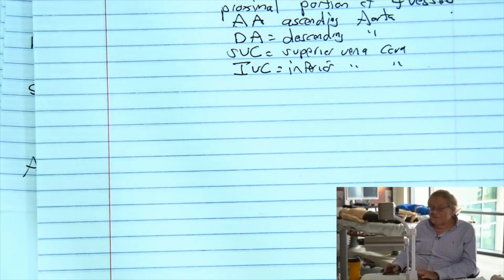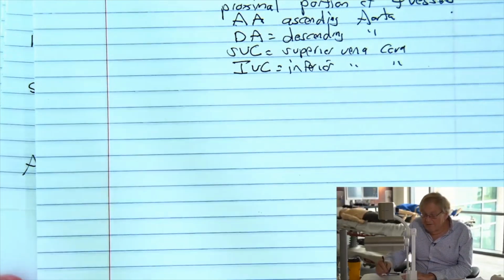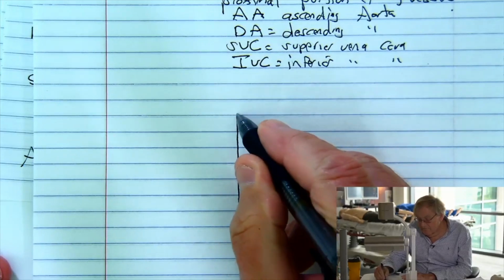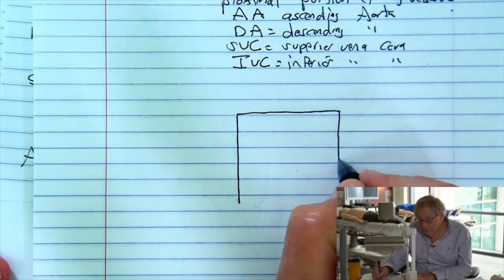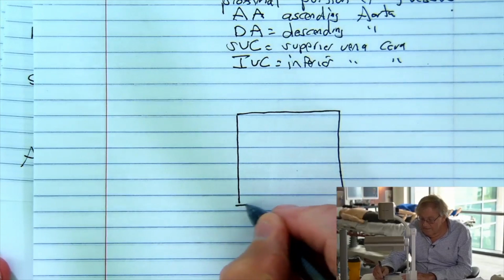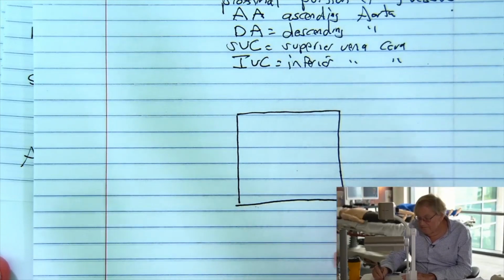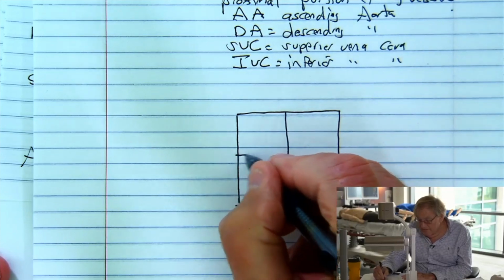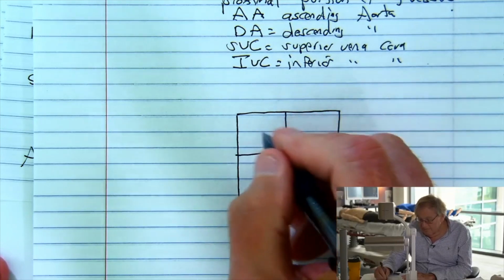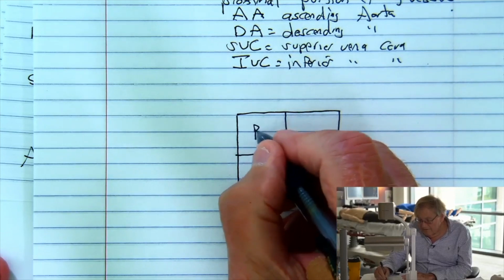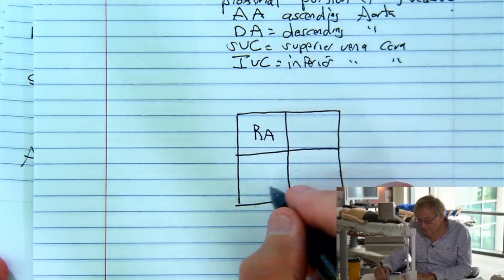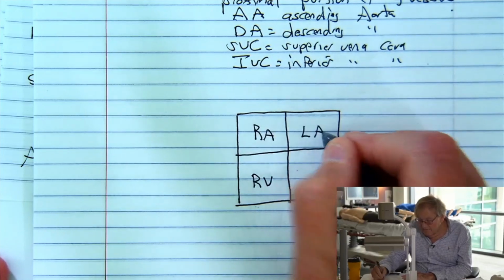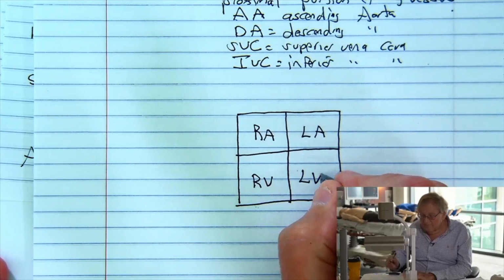Otherwise, it's meaningless. So I'll draw this very simple box heart for you, and you'll need to know this for both semesters anyway. If this is your heart and I divide it into 4 separate chambers, and I'm just going to name those chambers, looking down at your heart: that's my RA, right atrium, RV, right ventricle, LA, left atrium, LV, left ventricle.